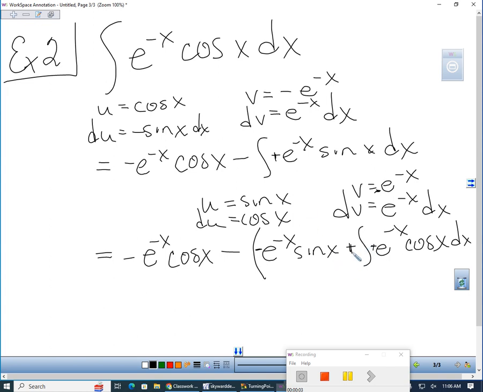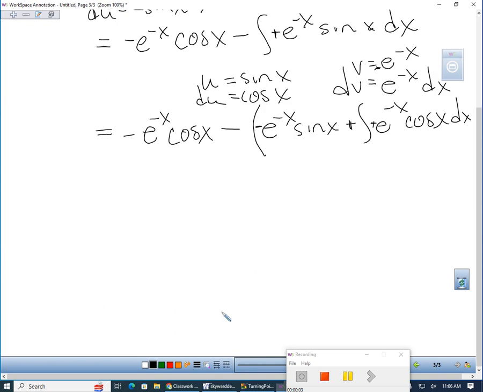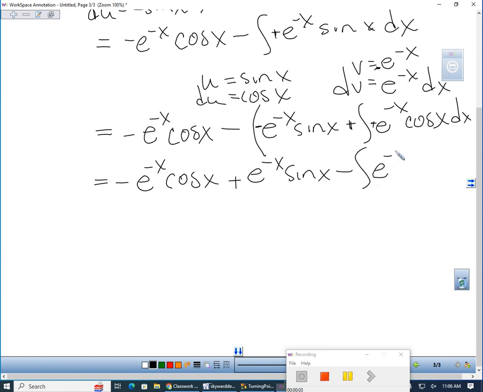Now I'm going to go ahead and distribute that negative that's in front of my parentheses. So right now this whole expression I have is negative e to the negative x cosine x plus e to the negative x sine x minus the integral of e to the negative x cosine x dx. And that equaled the integral of e to the negative x cosine x dx.